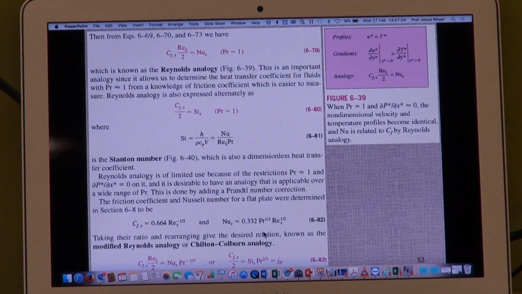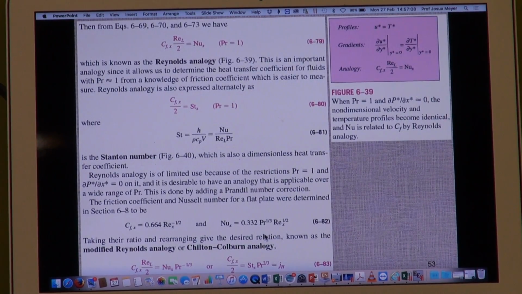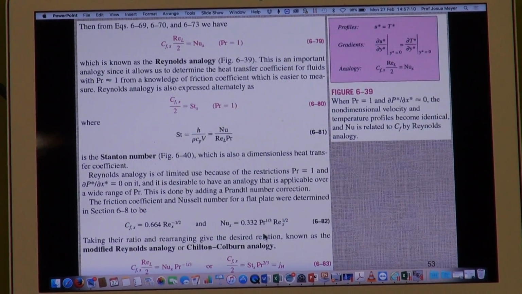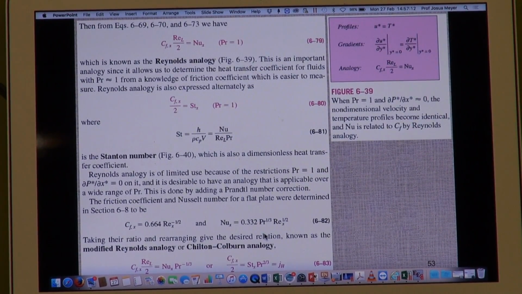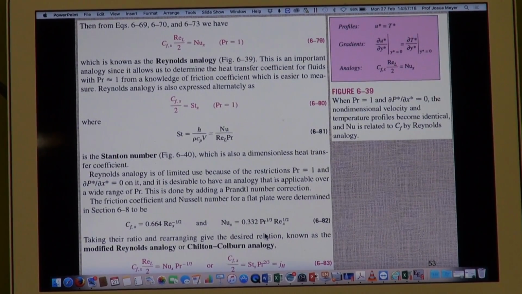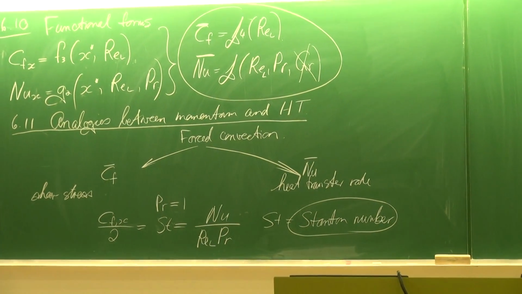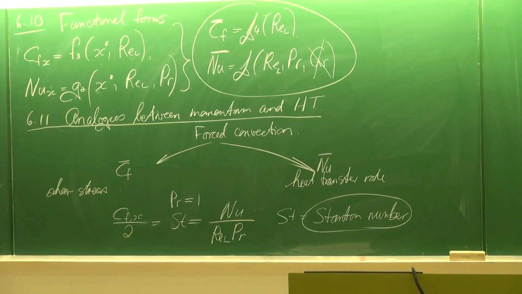The friction coefficient divided by 2 is equal to the Nusselt number divided by the Reynolds number and the Prandtl number. Okay, so ST is called the Stanton number. Okay. Now it's just another equation.